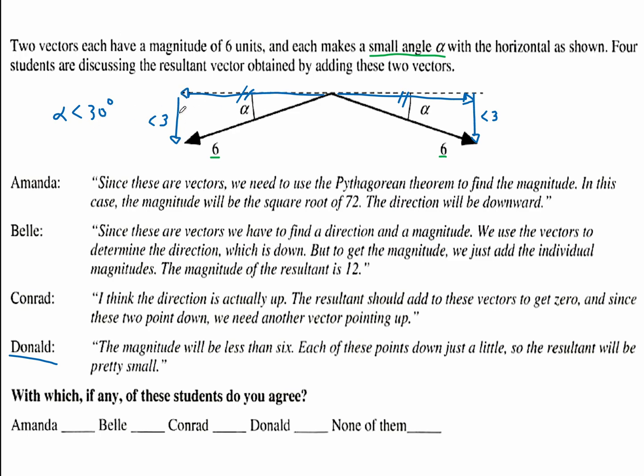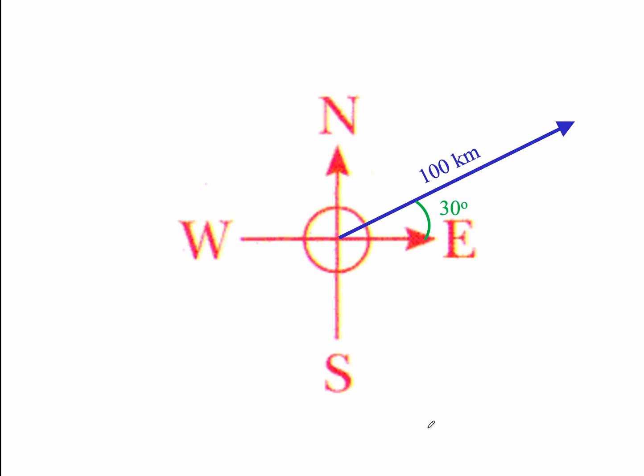But if it's less than 30, these have to be less than 3. So adding them up, it would be less than 6, and it would be pointing straight downward. All right, so I think I'm agreeing with Donald. If you said none of them because you didn't know whether the angle was less than 30, that would also be a valid option.